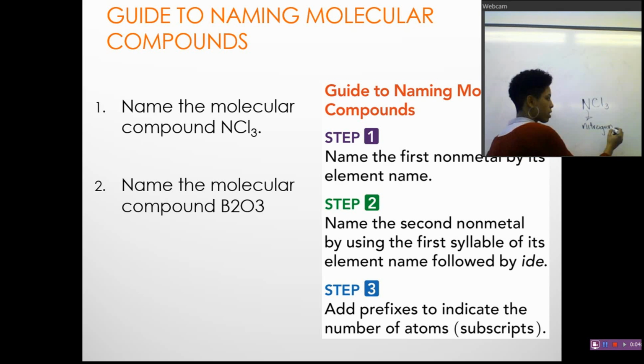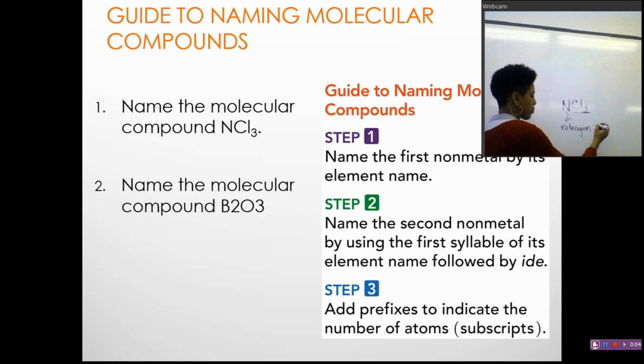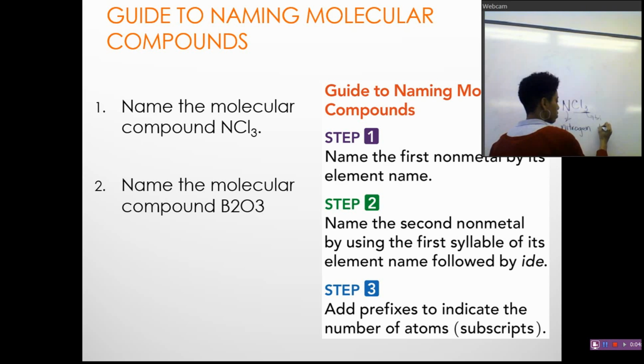The second atom here is chlorine, and we have three of those. The prefix for three is tri. So trichloride is the name.